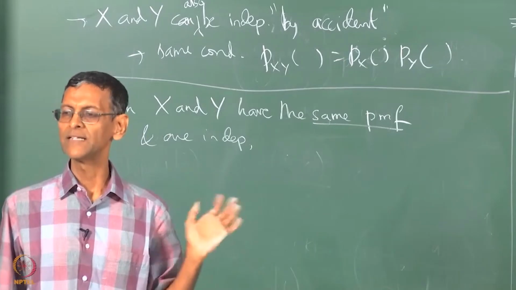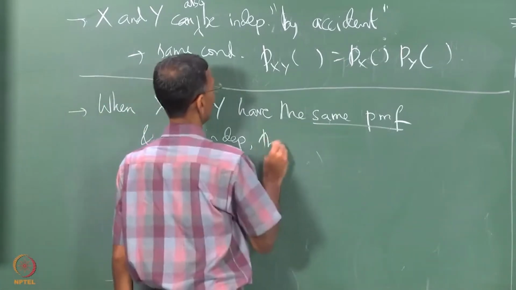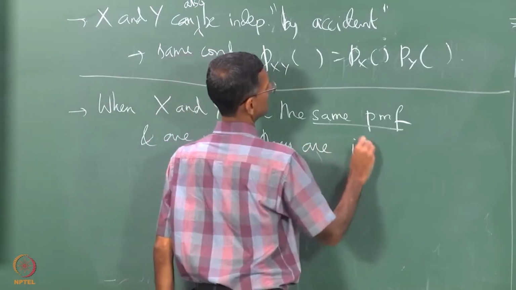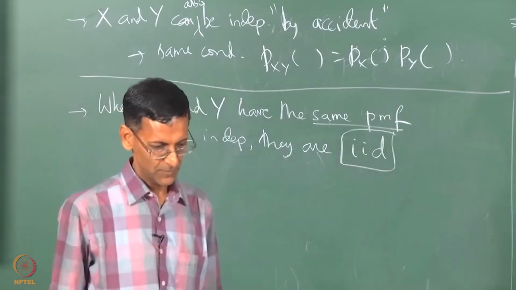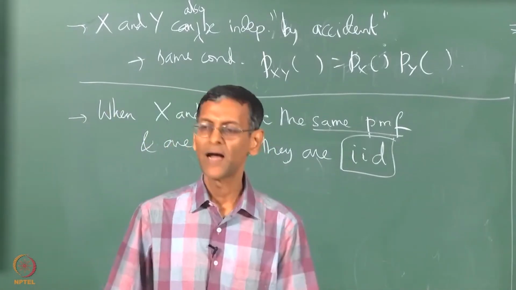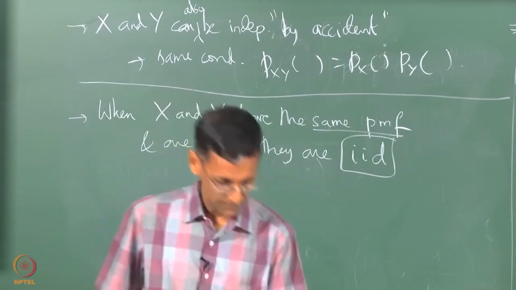What do you call them, x and y? They are called IID. This is a very important moniker, if that is the word I am looking for. IID stands for independent and identically distributed.